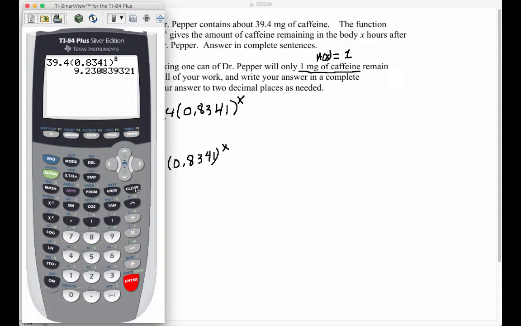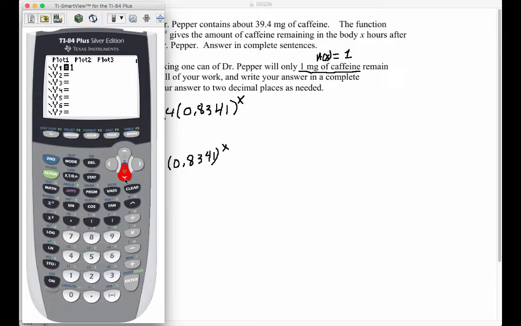Let's go ahead and clear out our home screen here. We'll hit our y equals key. Let's clear out y1. Let's shut that plot off. Just to show you, the quick way to shut a plot off is to go from the y equals menu, highlight the word plot, and toggle the highlighting by hitting your enter key. Okay, so y1, we said we're going to make that equal to 1.